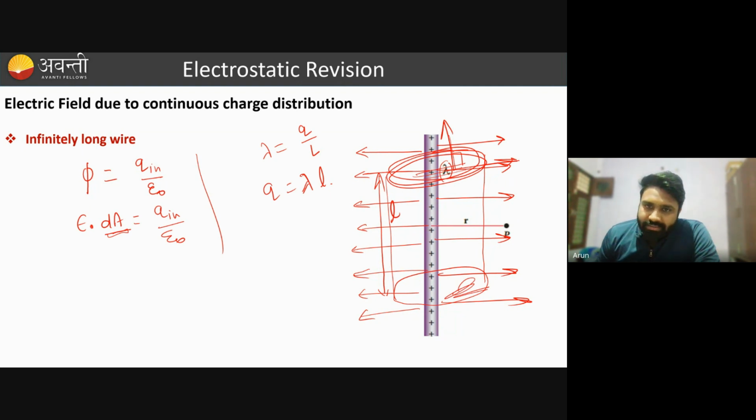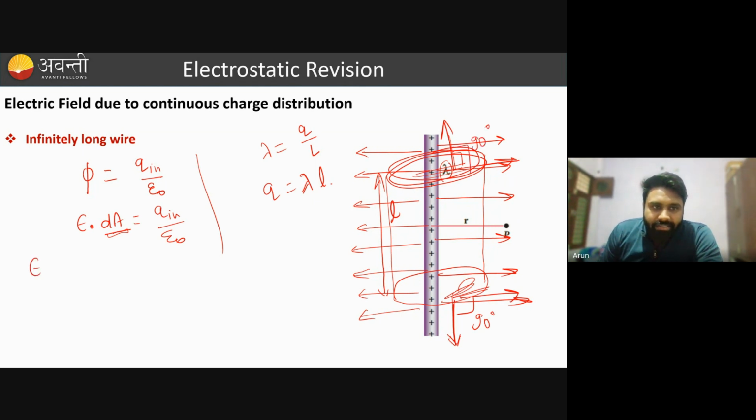For a 3D body, the area vector lies outside the body, always remember. The electric field is in this direction, so they have a 90-degree angle here, and also a 90-degree angle at the other base.